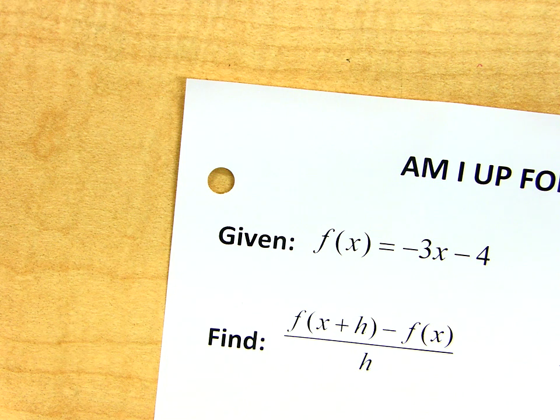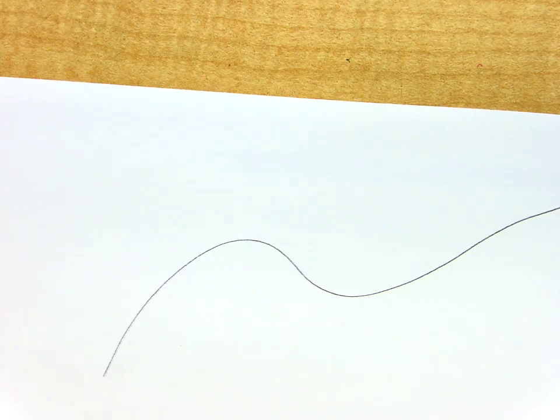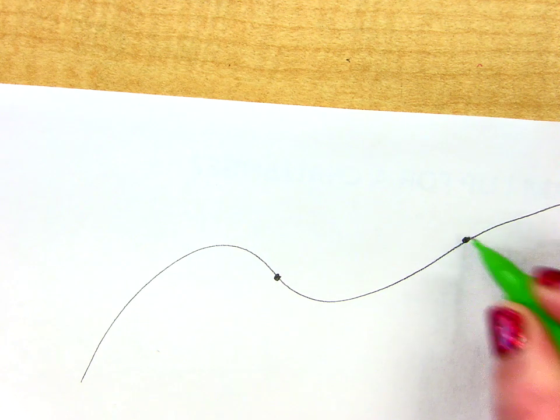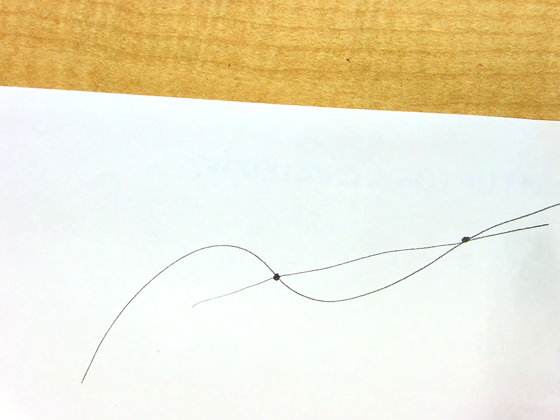Okay. So, basically what it does is it's a formula to find the slope of a secant line between 2 points on a curve. So, what I mean is, let's say I had some function and it looked like that, right? And I wanted to find the slope of the line between those 2 points.